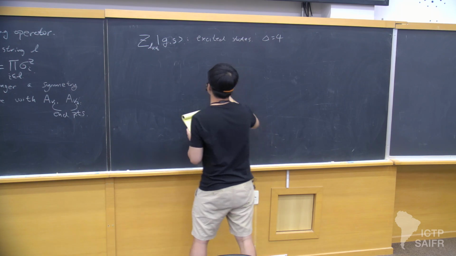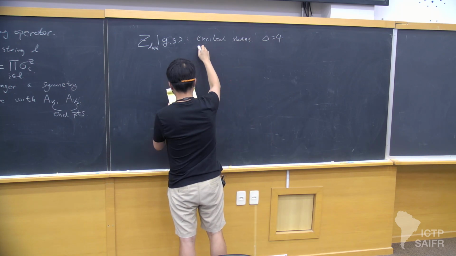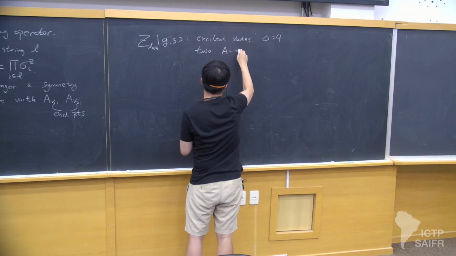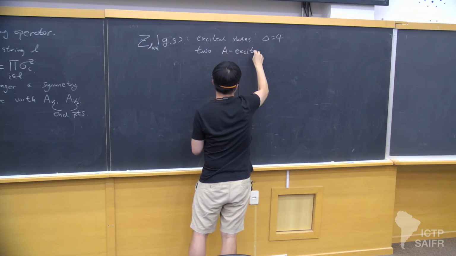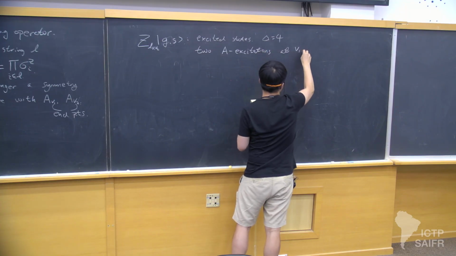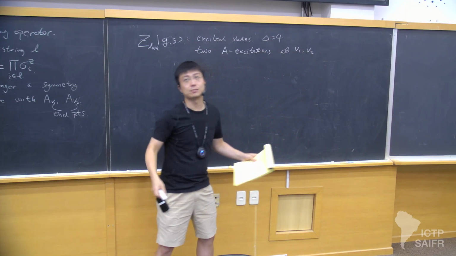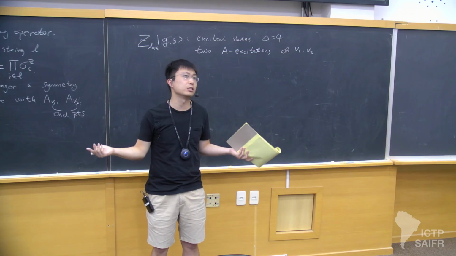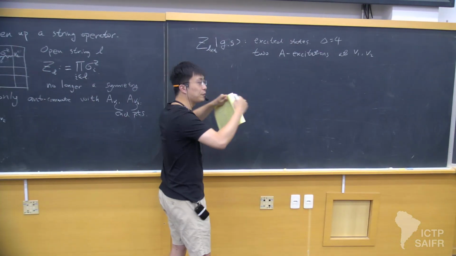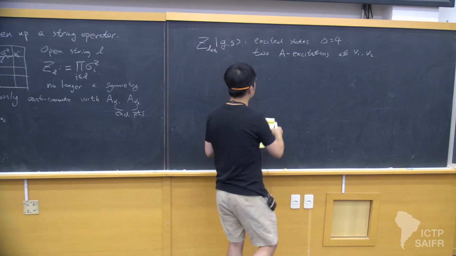The important thing is you should view this as two A excitations at V1 and V2. By A excitation, I just mean a vertex where the A term is -1 instead of +1. So it feels like two particles.